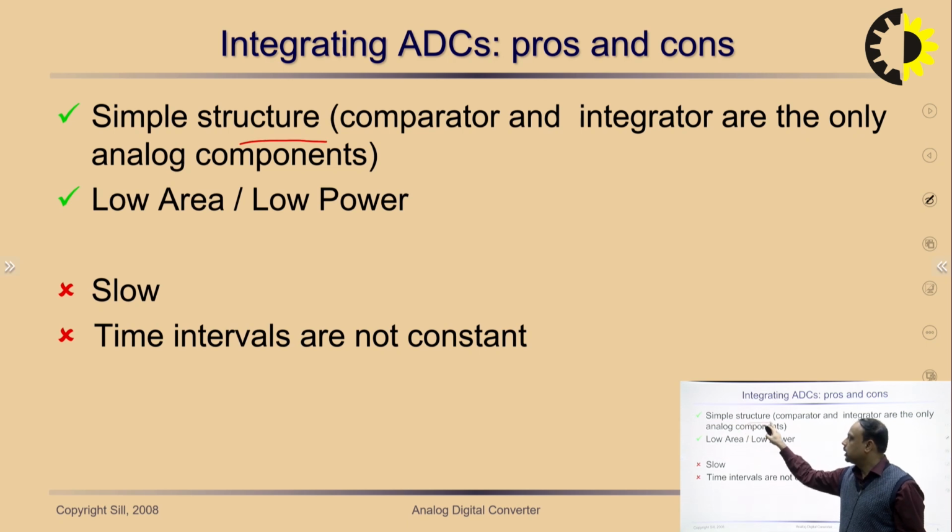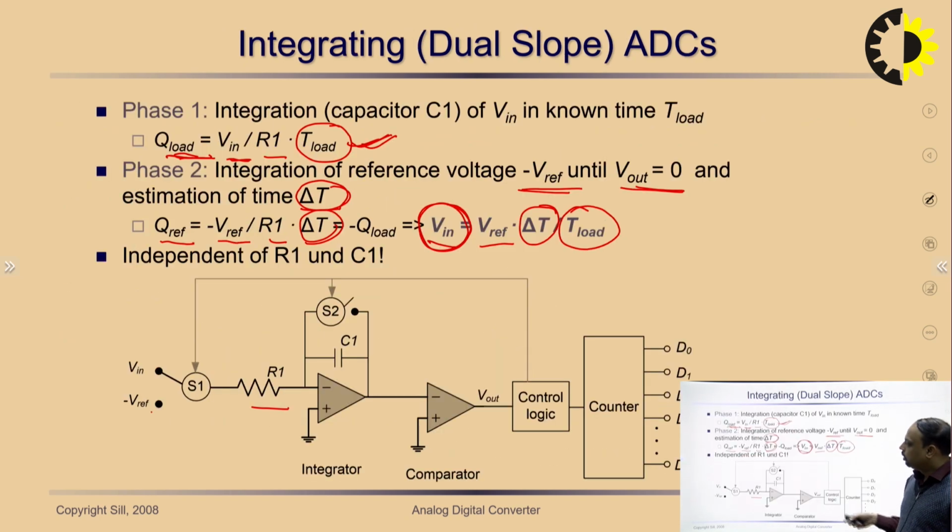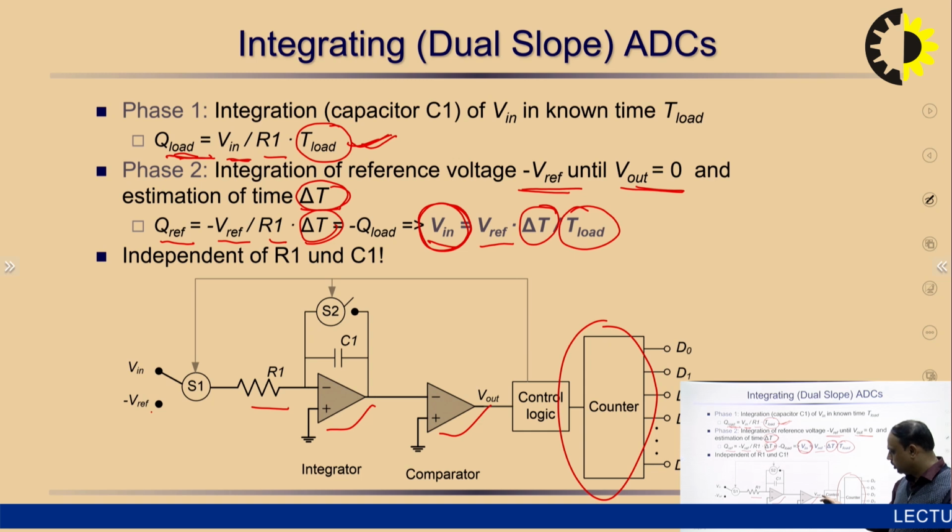The structure is very simple, as we can use only one comparator and one integrator circuit, as we can see over here. This is one integrator circuit and this is one comparator circuit, and a counter is required for converting the magnitude that is coming from the comparator output.